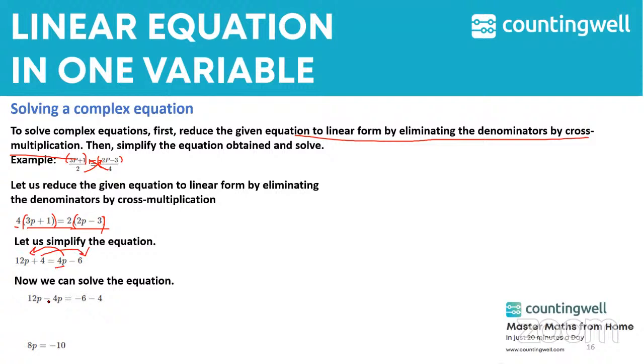So 4p on RHS will become minus 4p on LHS, and 4 on LHS will become minus 4 on RHS. So we have 12p minus 4p, which is 8p, equals minus 6 minus 4, which is minus 10. So p equals minus 8 by 10, which converts into the simpler form minus 4 by 5.